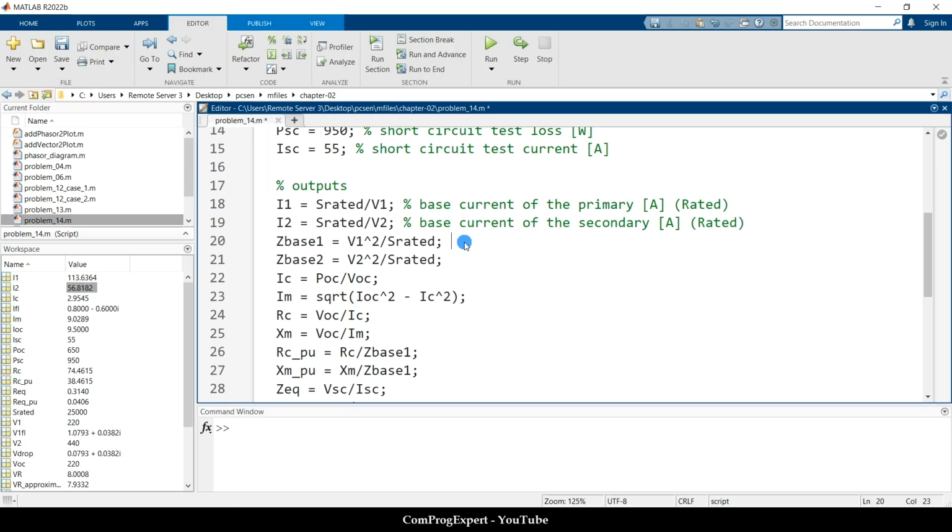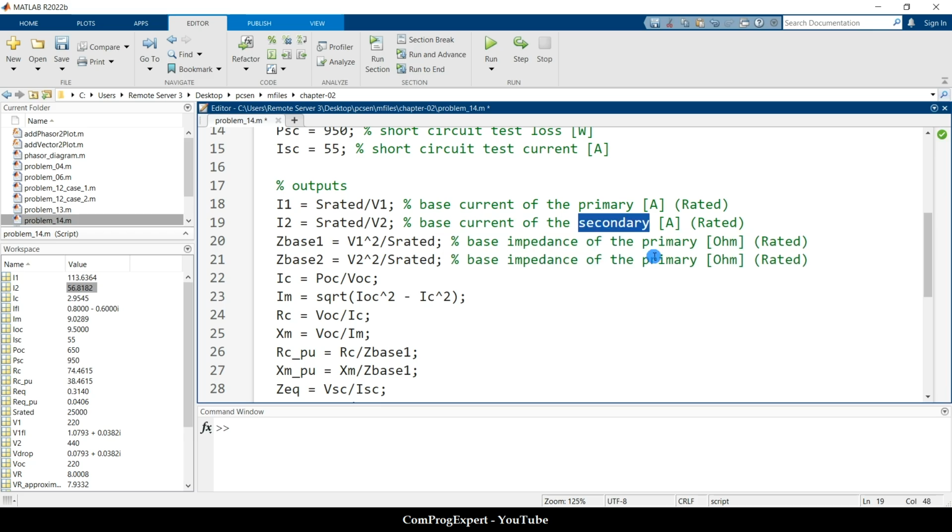This is the base impedance of the primary. Yes, base impedance of the primary. The unit is ohms. And this is the base impedance of the secondary.